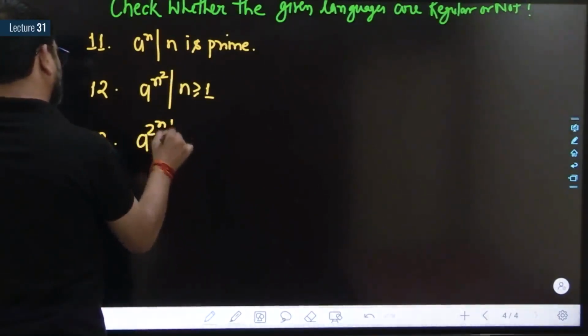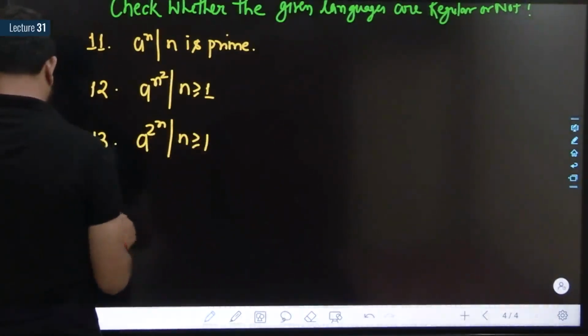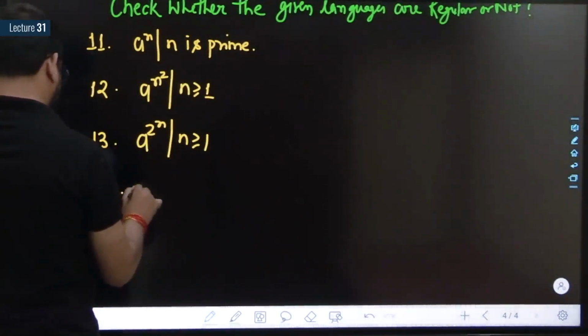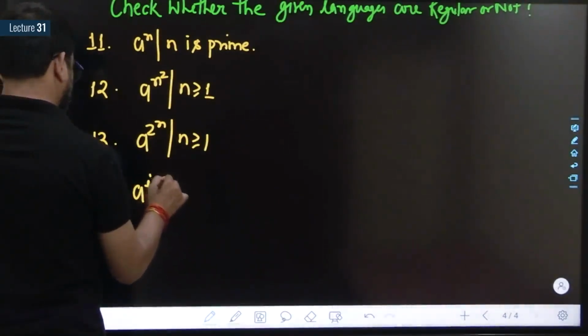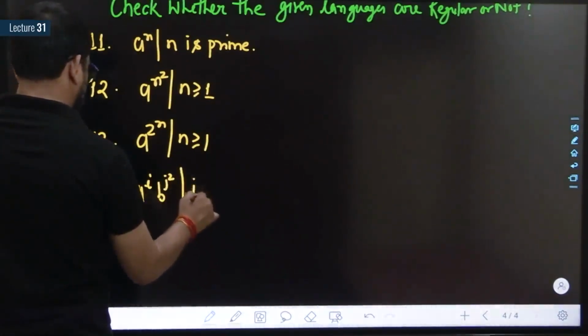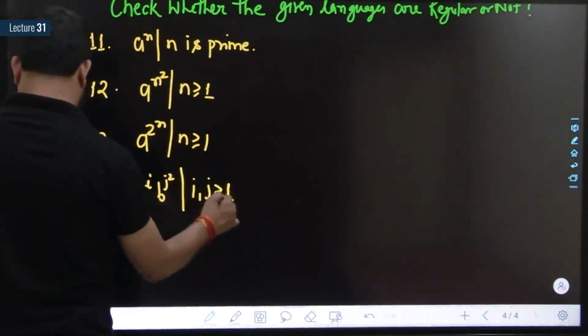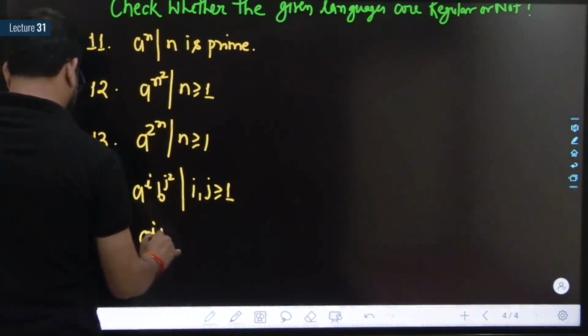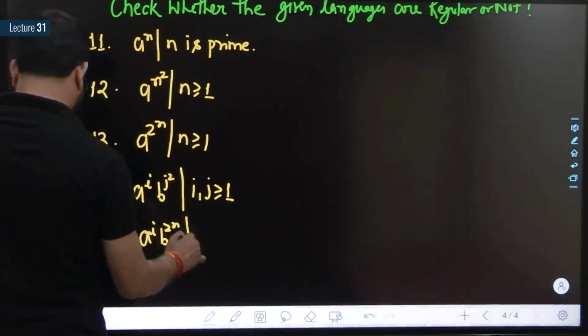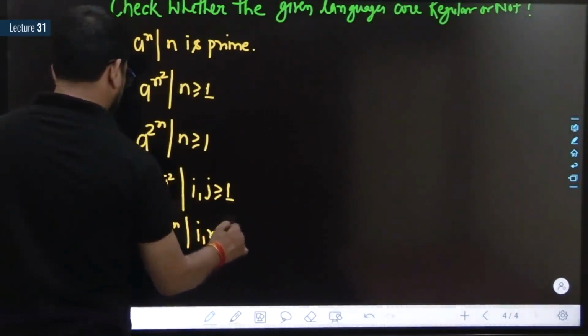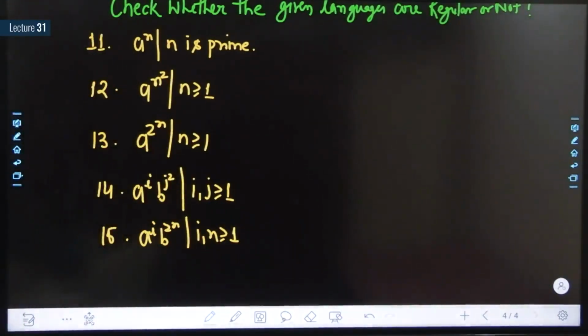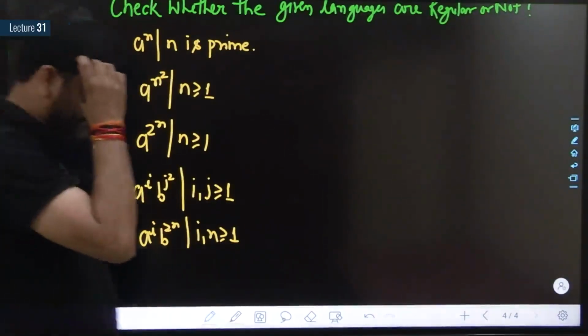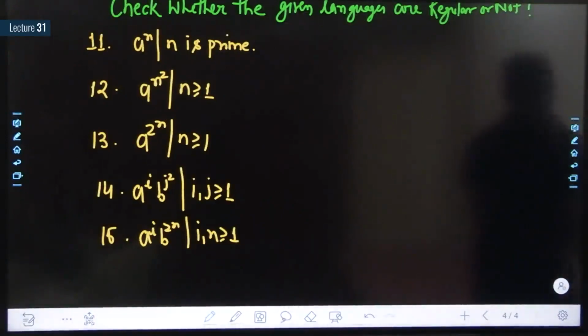A to the power 2^n. A to the power i, B to the power j squared. Check whether the given languages are regular or not. Do fast. Take 1 minute for each question.